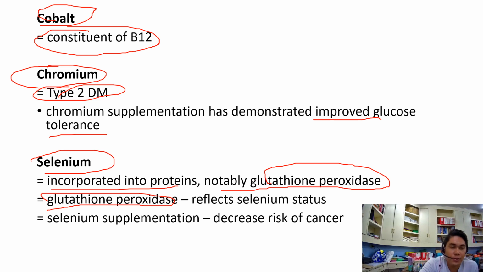There are studies showing that selenium supplementation decreases risk of cancer. So if you take selenium, you have decreased risk of developing cancer because selenium is a component of glutathione peroxidase, and glutathione peroxidase is an anticoagulant.